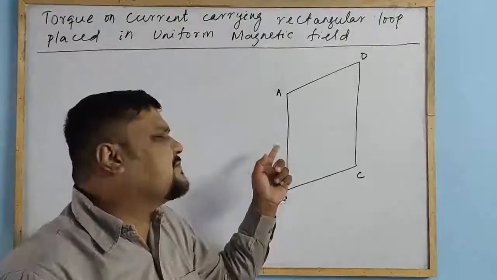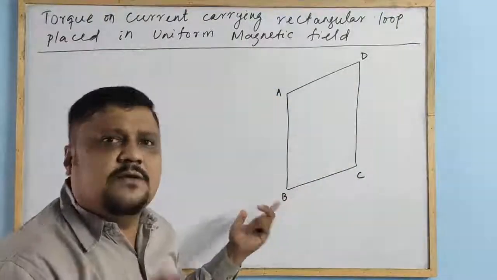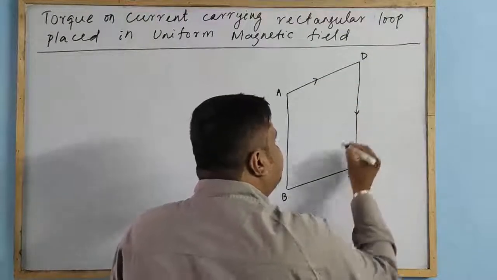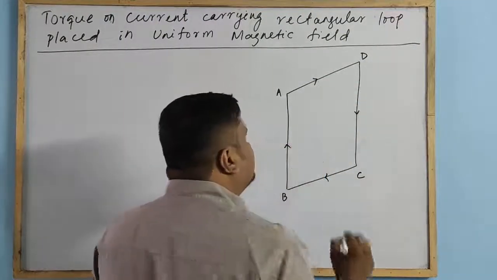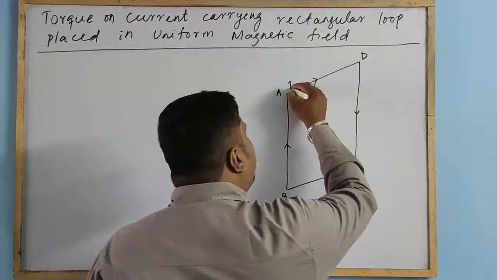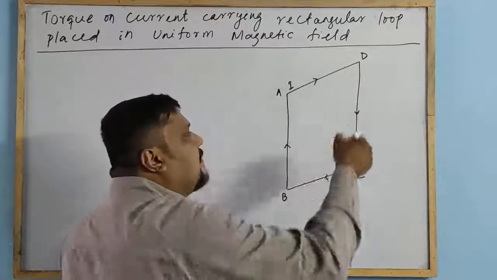Let me take the current flowing in the clockwise direction. You can also take anti-clockwise. Let me take the current flowing in the clockwise direction like this. The current I flows in the loop.